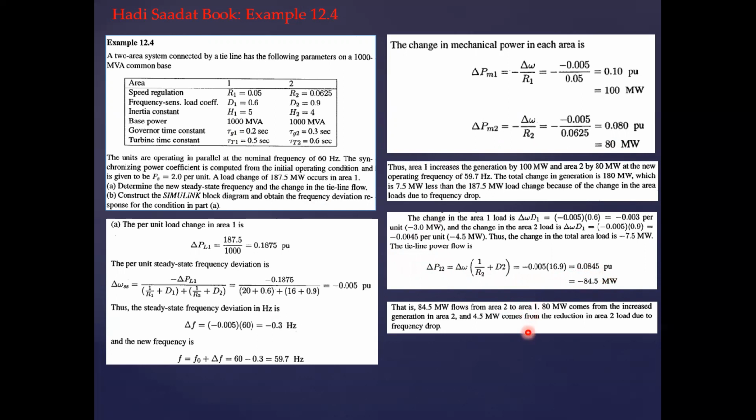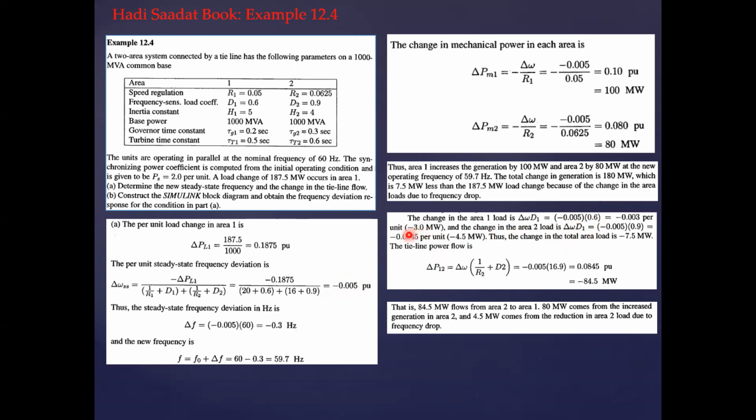And how do you know the direction of the power flow? We had it, in fact, delta P12, right? Because we have the change in area 1, that is delta omega 1. So this was delta omega, this is the steady state value, right?